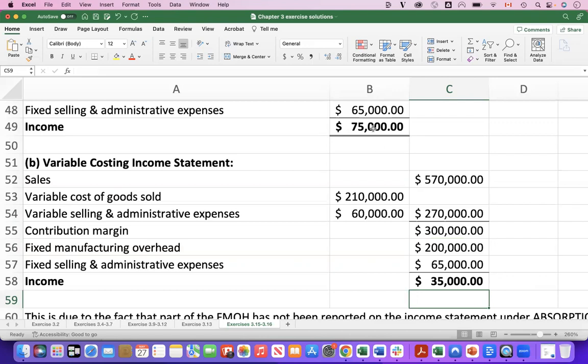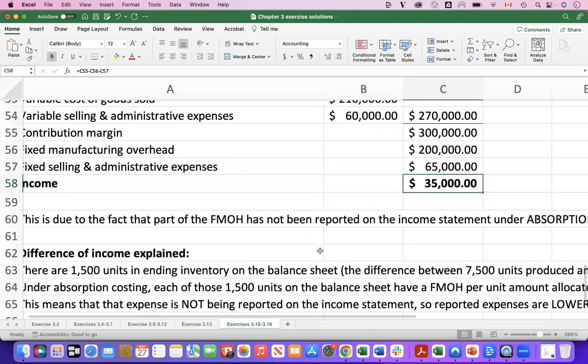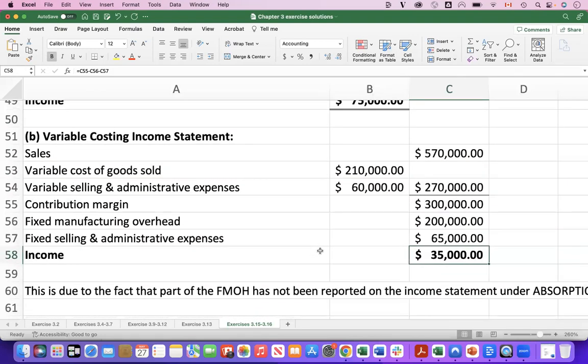So why is there a difference between absorption and variable costing in this scenario? Well, the reason there's a difference between the two is because there's a difference between the amount produced and the amount sold. Remember, I said in an earlier question, under variable costing, that fixed manufacturing overhead of $200,000 is expensed immediately.